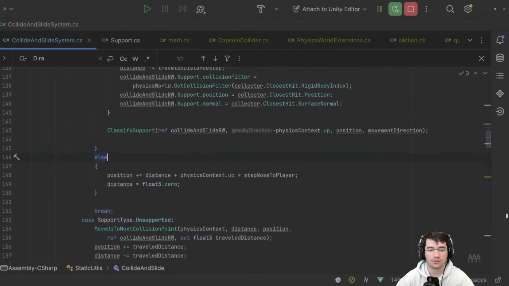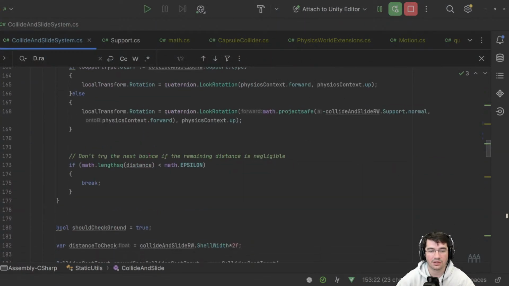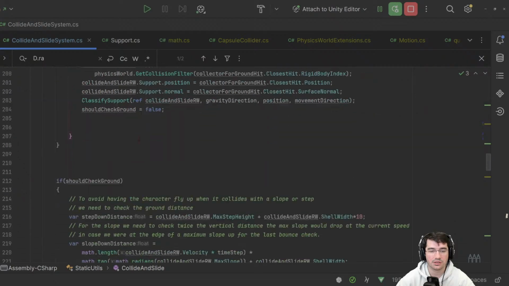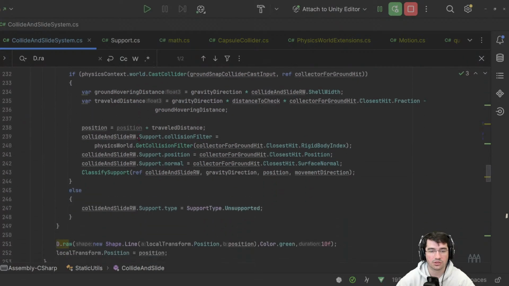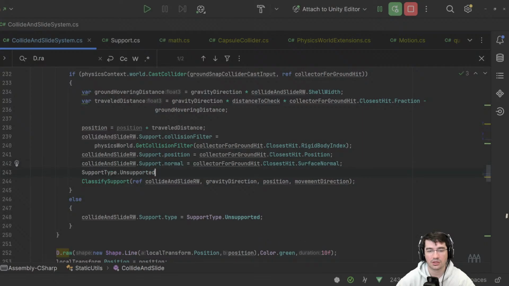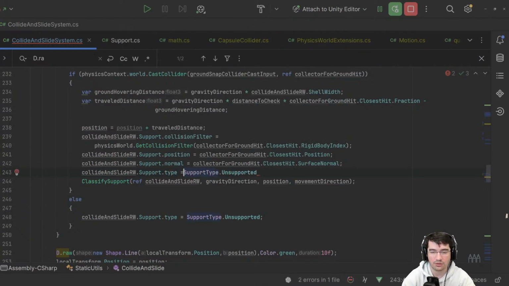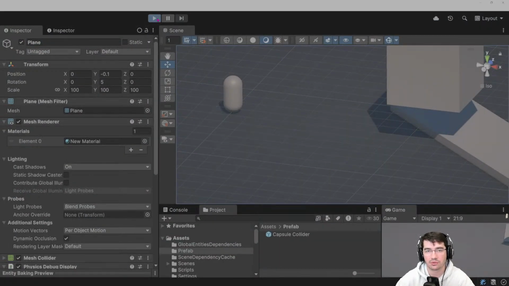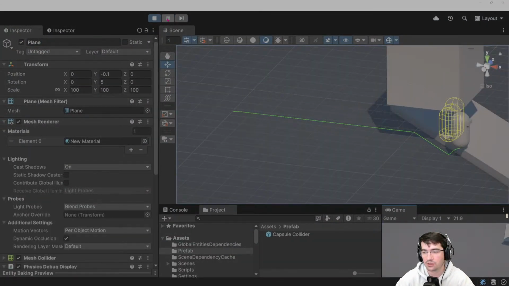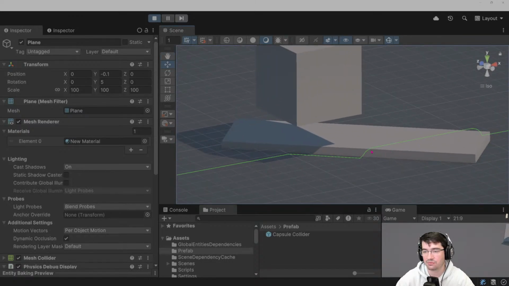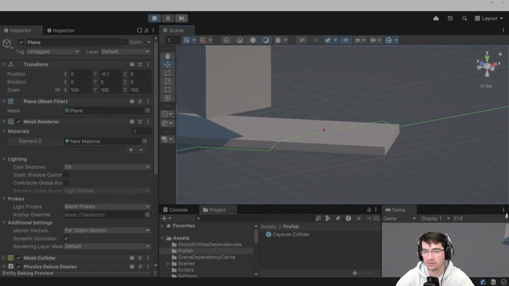And I need to cheat a little bit and consider that basically when I'm doing the ground check, I can consider myself unsupported. So I will correctly classify the step as a step. And on the next frame, keep trying the step. Yes, so that has fixed the little sideways step.